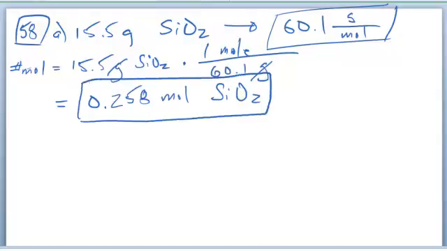Now, a couple finer points. Notice that I'm not just writing the answer as 0.258 and putting a box around that, right? This number, in the context of chemistry, or most of science, would be meaningless. Most of the time numbers are indicating some quantity of something.